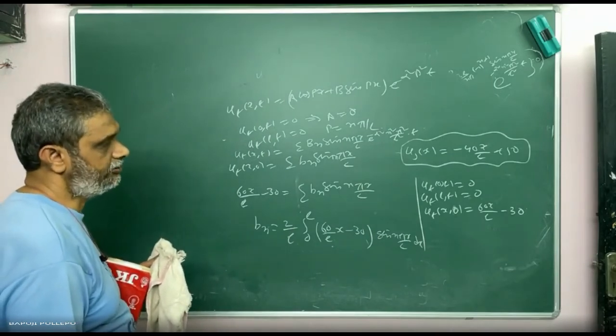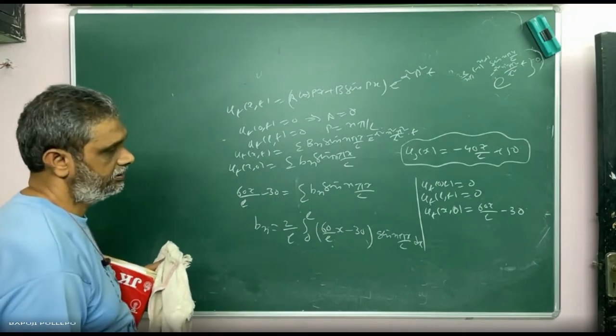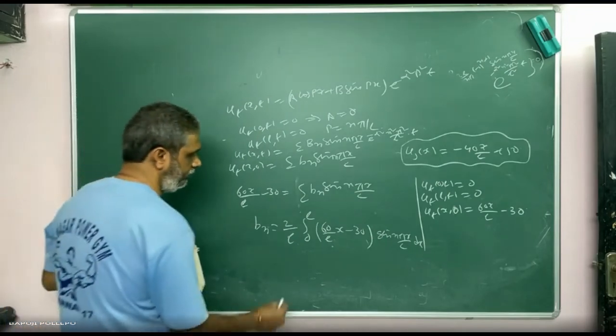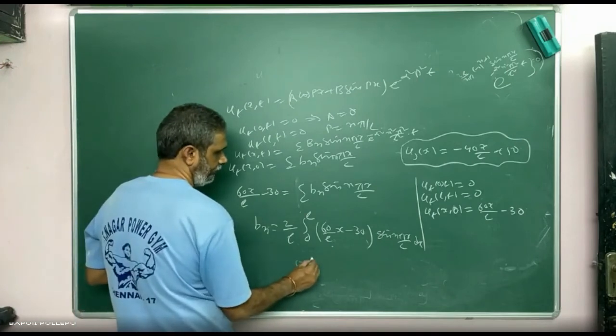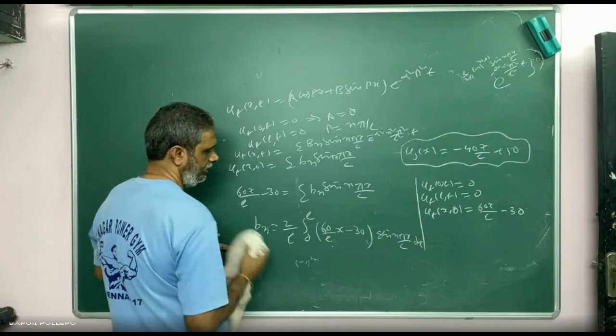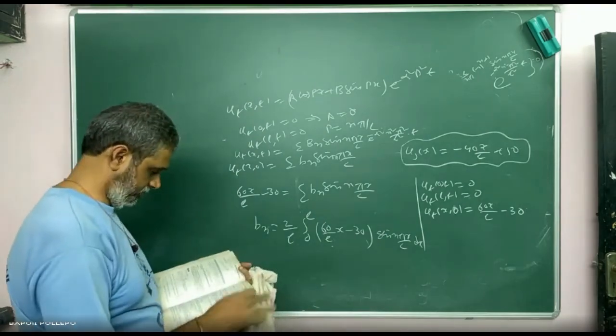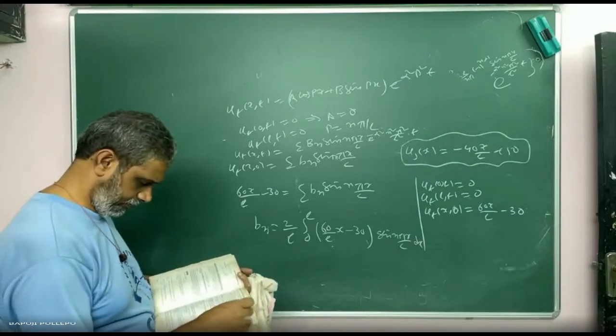Just x means you got the answer, and that minus 30 you can write. Minus 1 power n plus 1. This is the answer actually. 2 by L you got, then this you can simplify. Now we can simplify. What answer will you get, wait, I will tell you. This is only ut only.